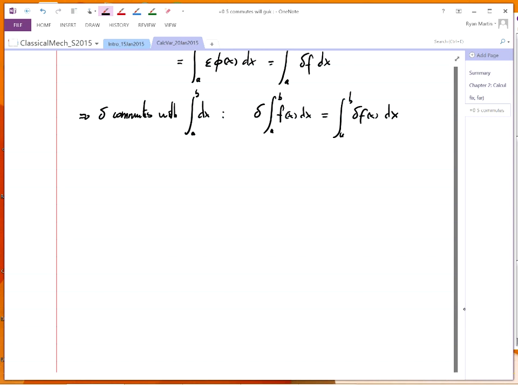And then the final property, one that we'll use a lot, is how does delta play with the chain rule?